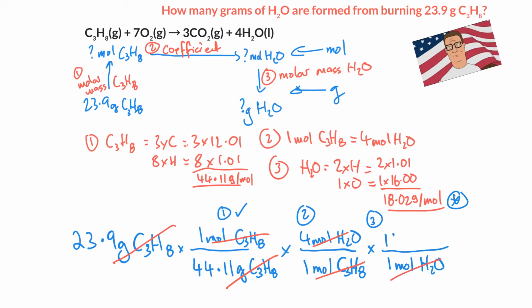And the 18.02 grams goes right there. And that's what we're left with. So at the end of the day, we're left with grams of water. I'm going to punch that in my calculator. And when I round to 3 significant figures, I get 39.1 grams of water. So we did that calculation. It took us a little while, but there we are with the answer.